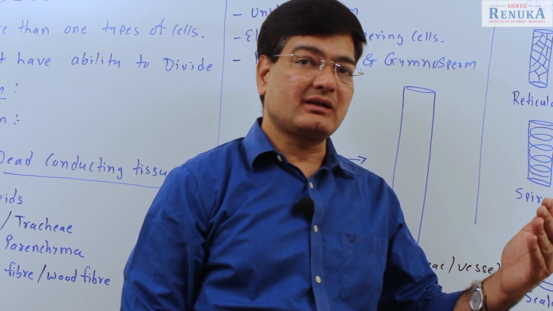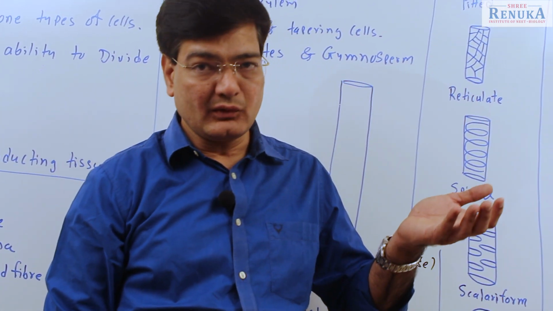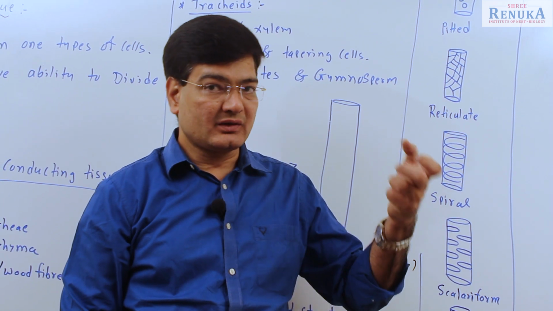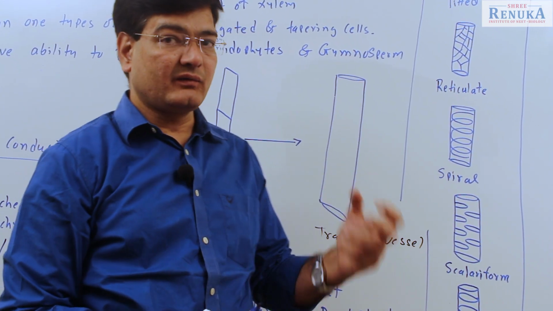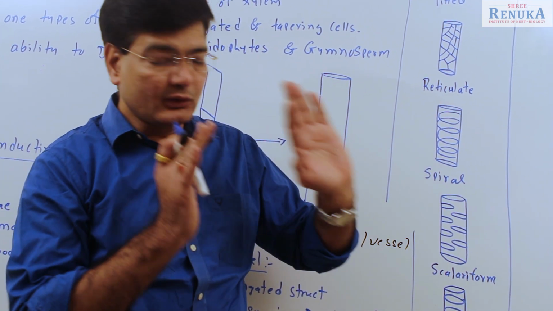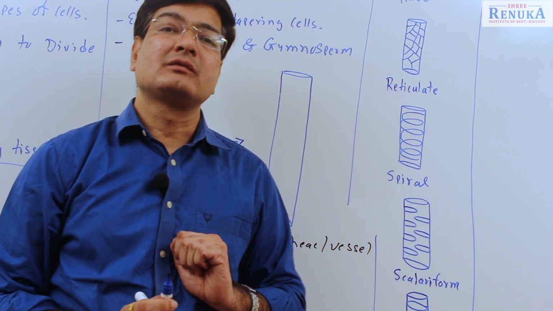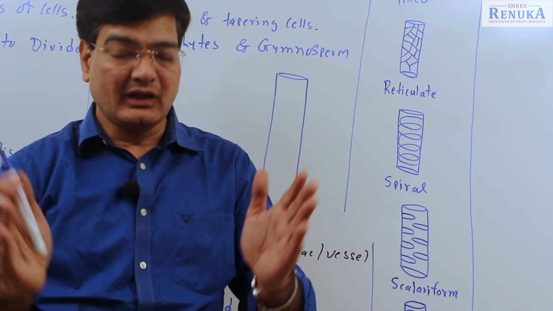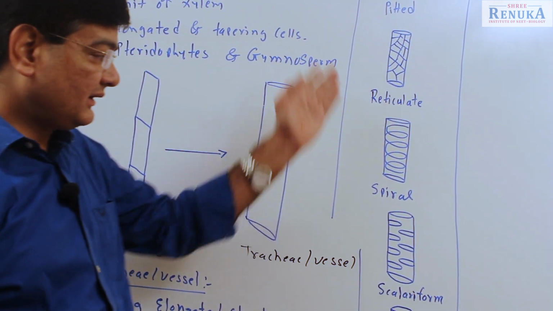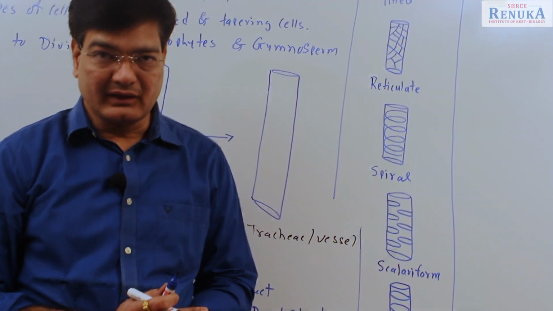As water and minerals are conducted through the xylem, it is always against the gravitational force, from root to stem and towards the leaves. During that conduction, hydrostatic pressure may be exerted on the wall of the xylem, and due to this pressure the wall may burst. To prevent that, lignin is always deposited on the wall of the xylem.